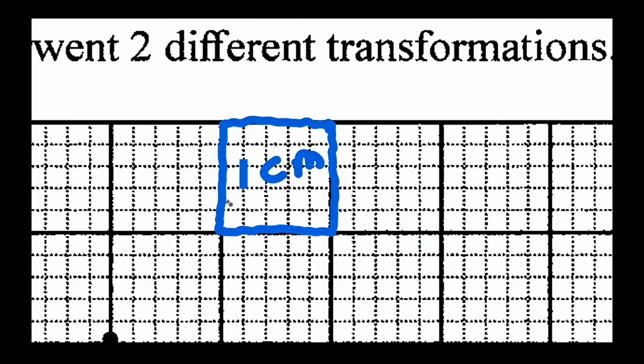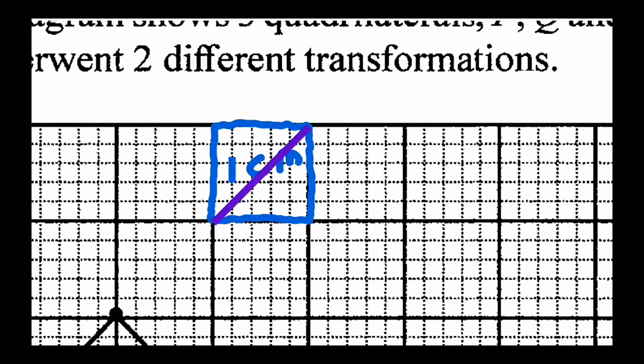So naturally, from the bottom left corner highlighted in purple, and the top right corner, naturally that is also 1 centimeter. So if we have 2 of those, then how many centimeters is that? That would have been, yes, that is 2 centimeters. Well done.